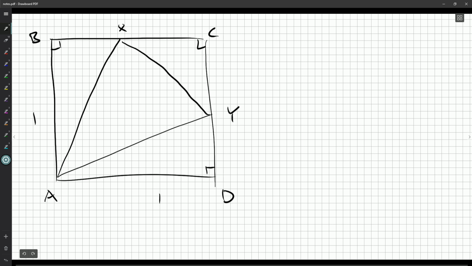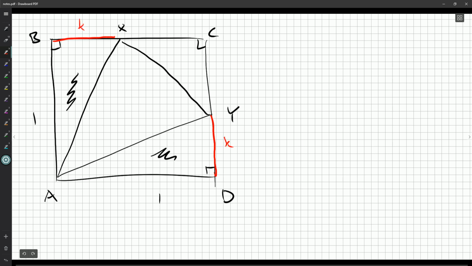So, knowing that AYD and ABX have the same area tells me that this length here should be the same. I don't know what it is. We could give it a name. K sounds good.